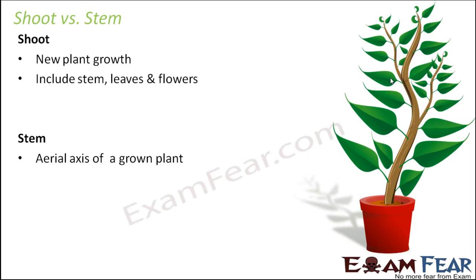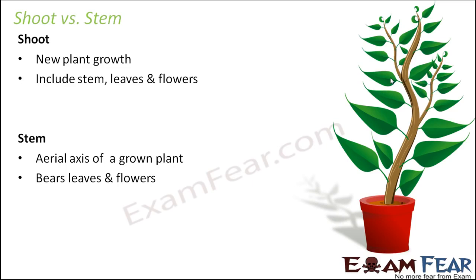So when a plant is already grown, the aerial axis which is growing upward is known as the stem. It bears leaves and flowers. So that's exactly what I had explained just now. So this is how shoot and stem are different from each other, and therefore they should not be used synonymously.